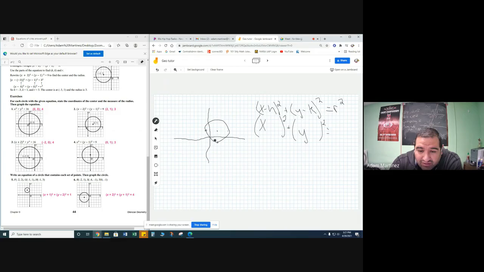So it's going to be 1, 2. So this is going to be 2. And remember, it's opposite. So if we put in -2, we want it +2, so it's going to be -2. Remember, because we're putting in opposites.